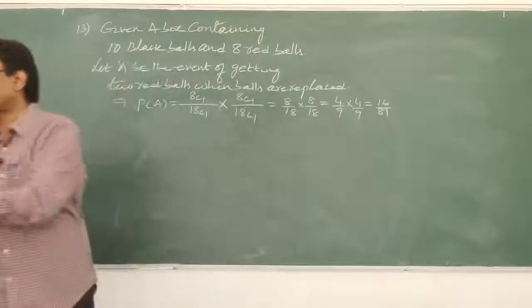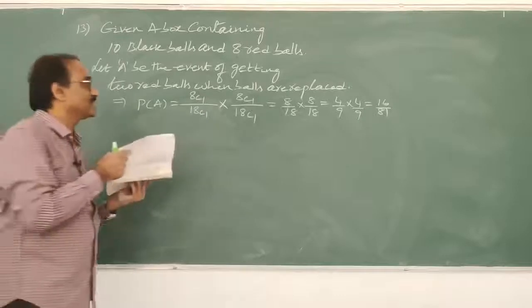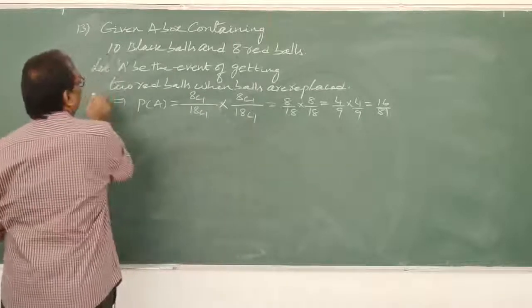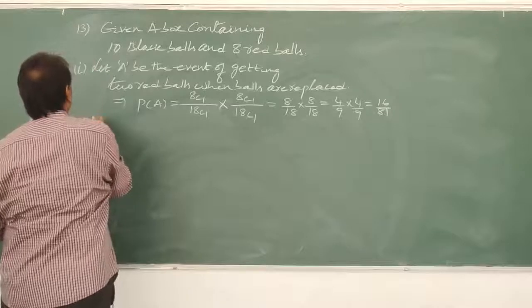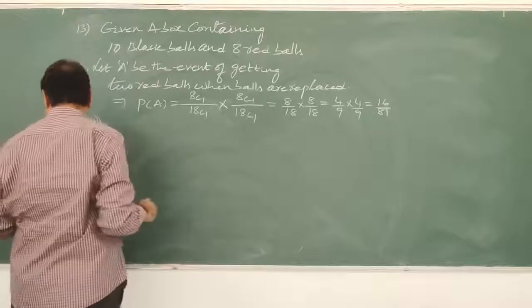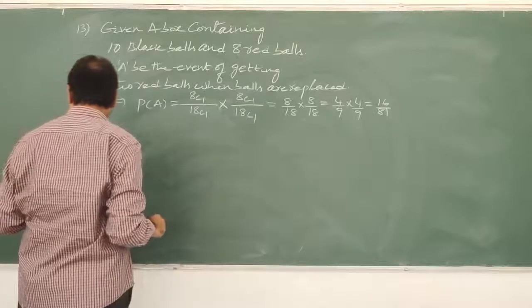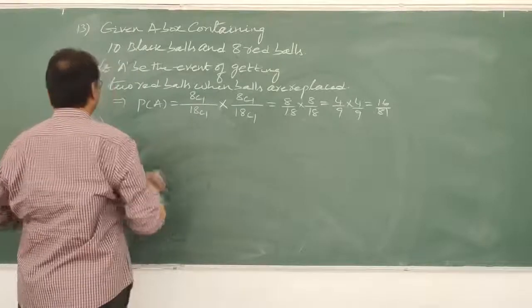Okay. Now bit 2. What is given in bit 2? Let us see now. This is bit 1. My dear students, this is bit 1. What is bit 2? We will see now. First ball is black and second is red.